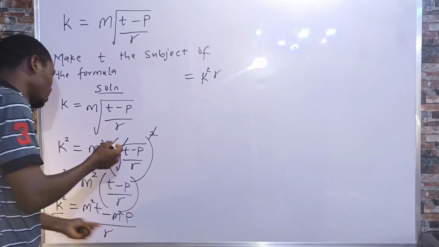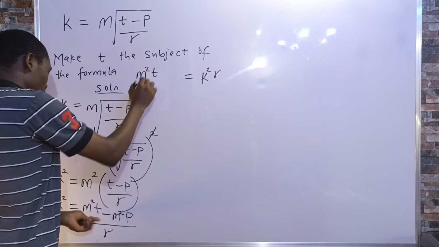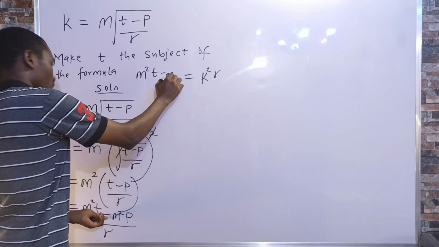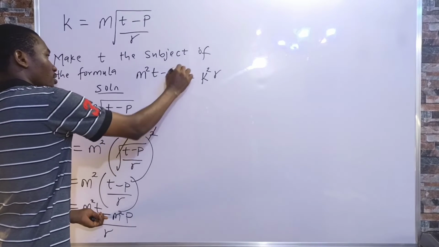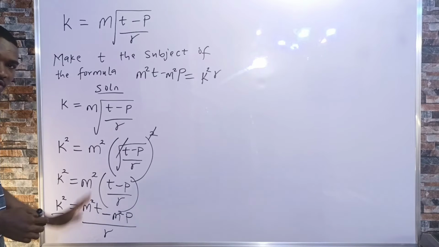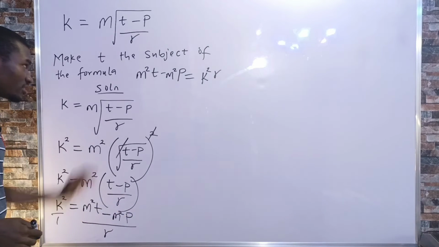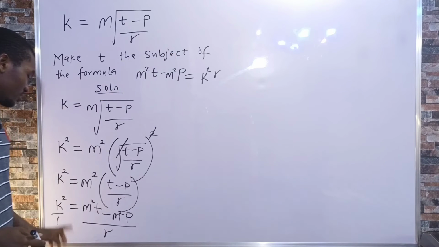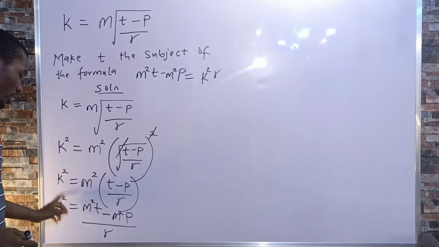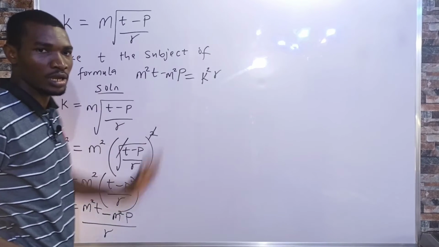It will still give us the same thing, which is m squared t minus m squared p. Remember, what I did was to cross multiply this equation. 1 multiplied by everything here is still everything here, and that is equal to k squared multiplied by r, which will still give us k squared r.